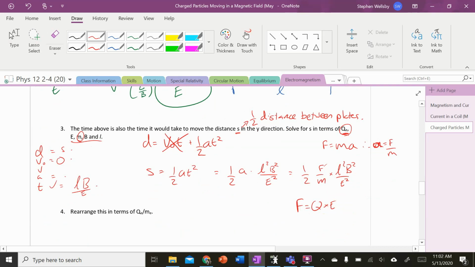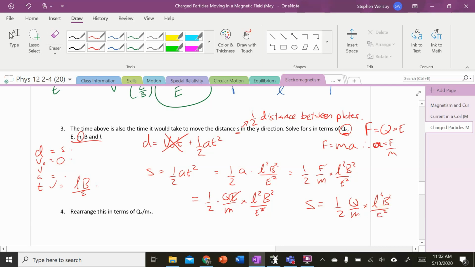And so therefore, I'm just going to put this up to the side. And then this formula is going to be 1/2 times Q E over M times L squared B squared over E squared. Ooh, are you still with me, hopefully? And so this gives us our final answer here. S equals 1/2 Q over M times L squared B squared over E squared.